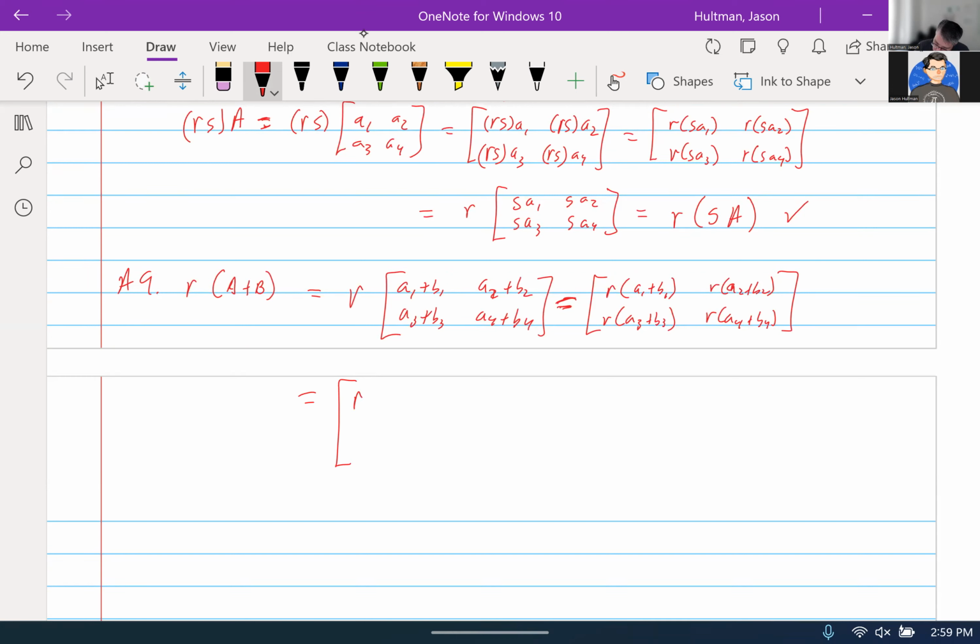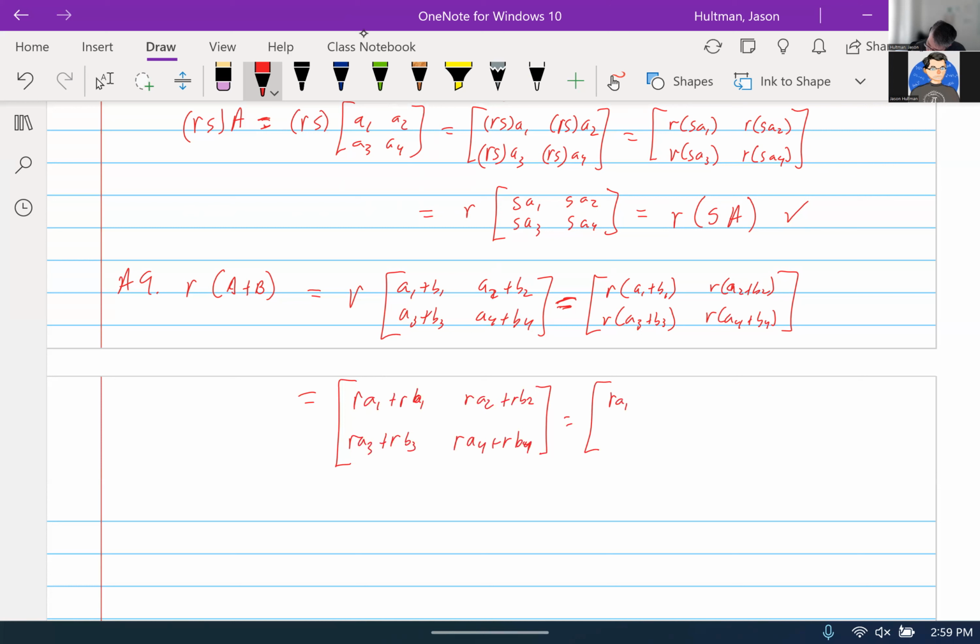Now this is RA1 plus RB1, RA2 plus RB2, RA3 plus RB3, RA4 plus RB4, which is equal to, I can break this up now and just focus on the addition part.